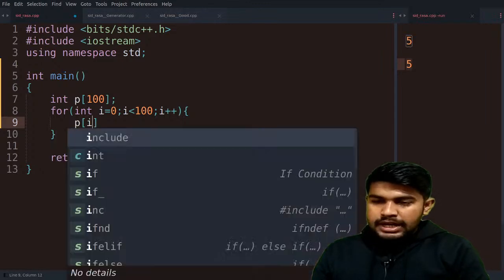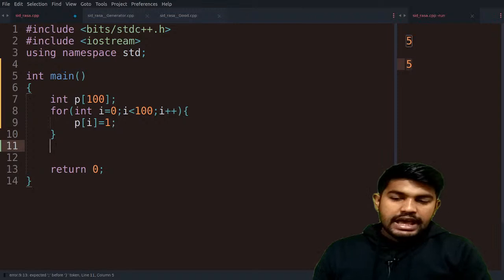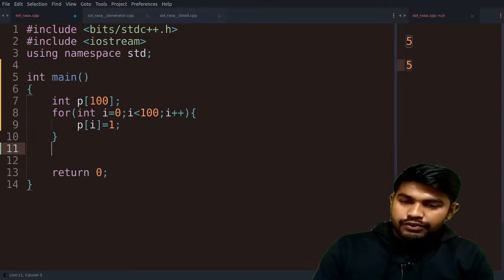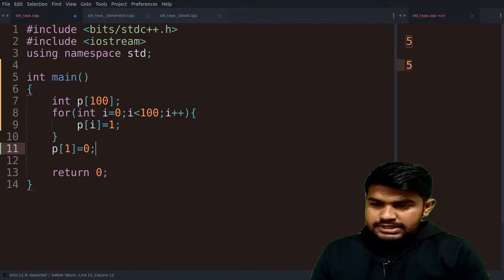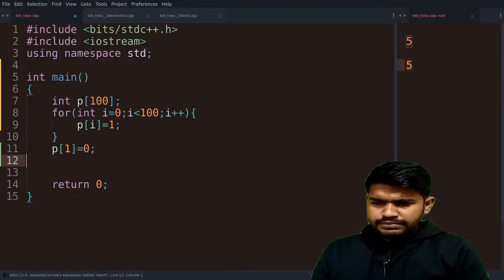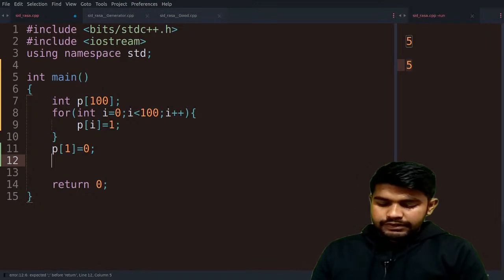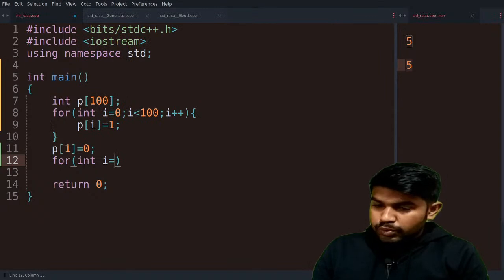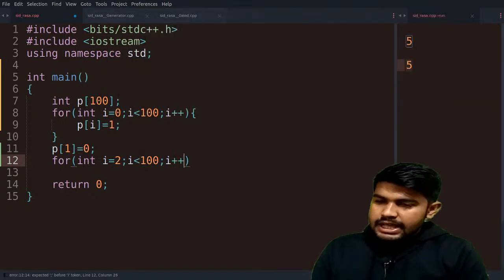So we would mark p of i is equal to true initially, and then we need to explicitly handle the case for 1. So p of 1 is equal to false. Next we would start a for loop: int i is equal to 2, i is less than equal to 100, and i plus plus.